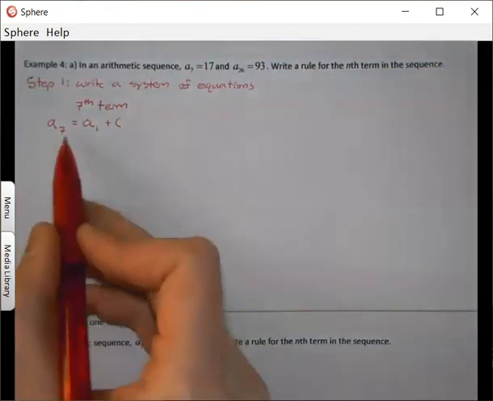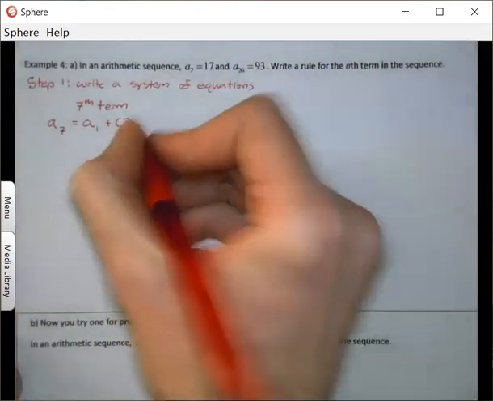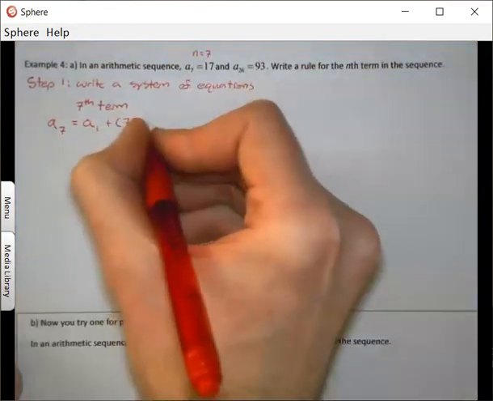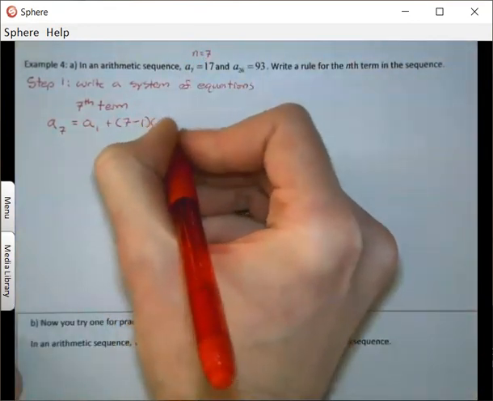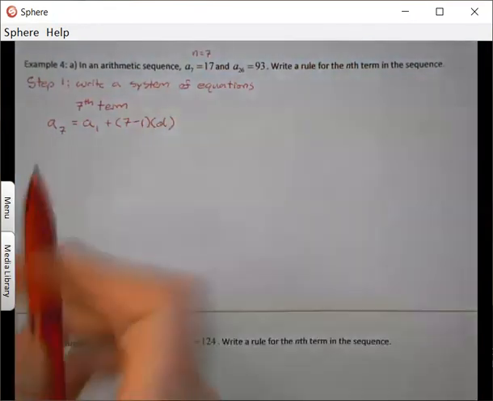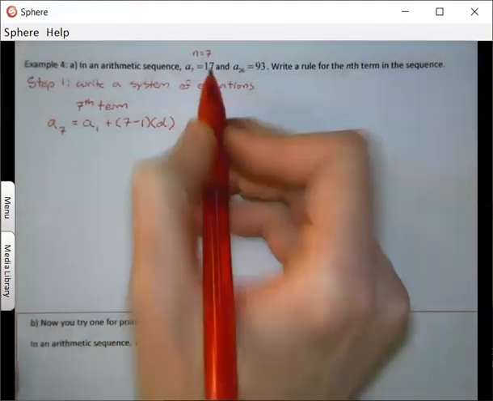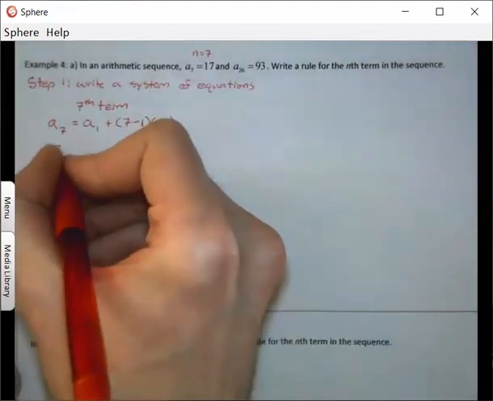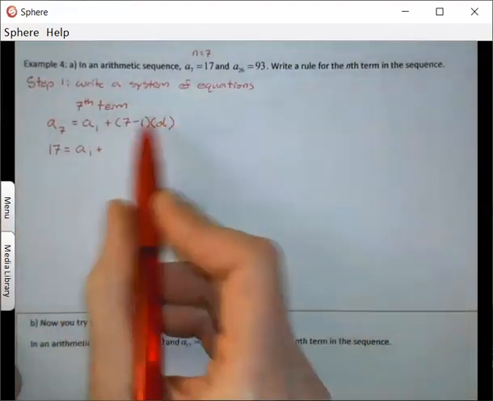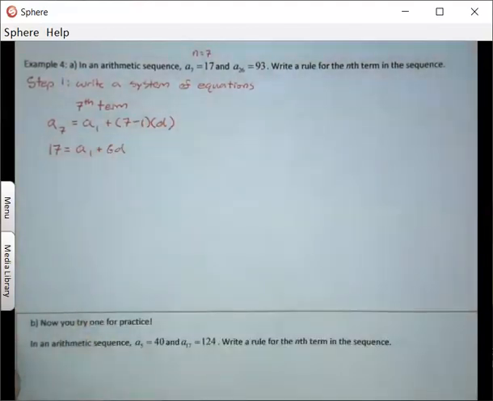Well, a sub 7 is our 7th term, so n is equal to 7 minus 1 times d, which we don't know, our common difference. But again, we do know what a sub 7 is. A sub 7 is 17. So we can say 17 is equal to a sub 1 plus 7 minus 1, or 6d.